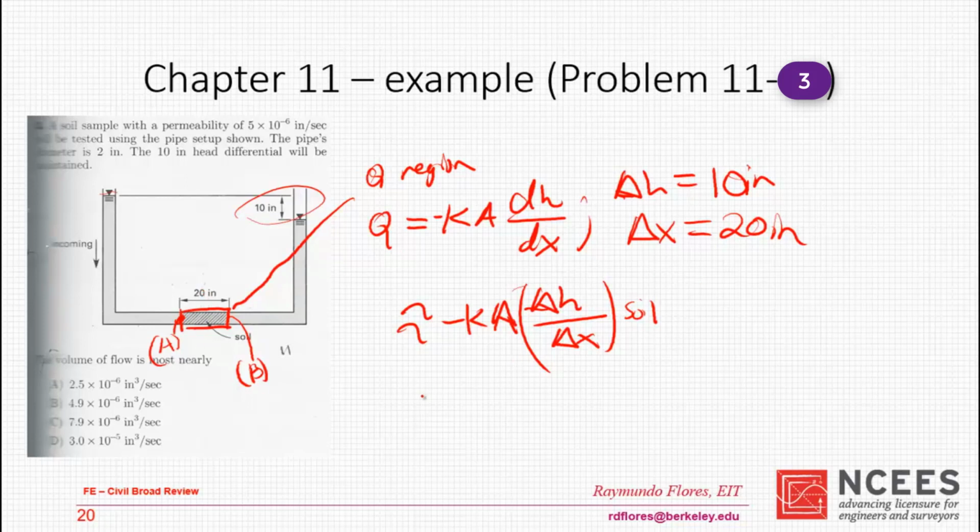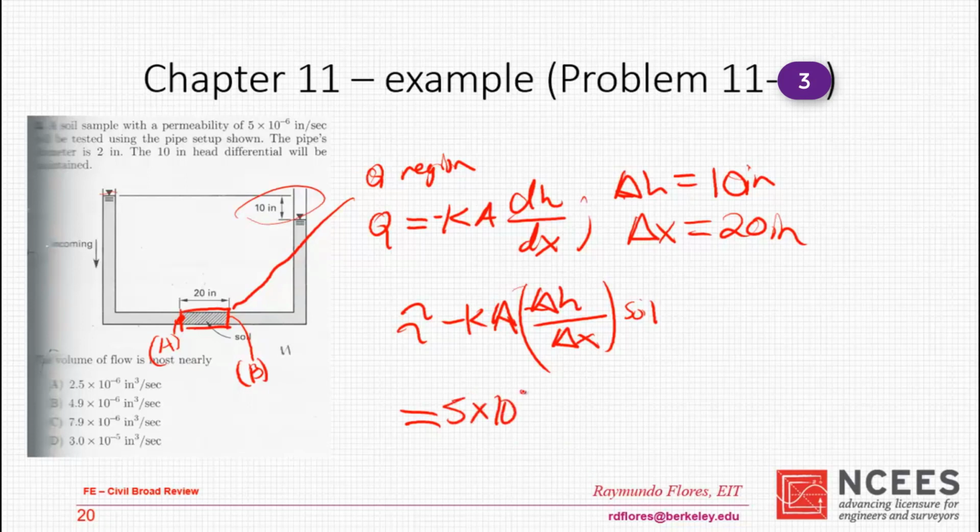In this case, the hydraulic conductivity is 5 times 10 to the minus 6. That's the permeability. I don't know exactly how they're related, but I think permeability and hydraulic conductivity are the same thing.